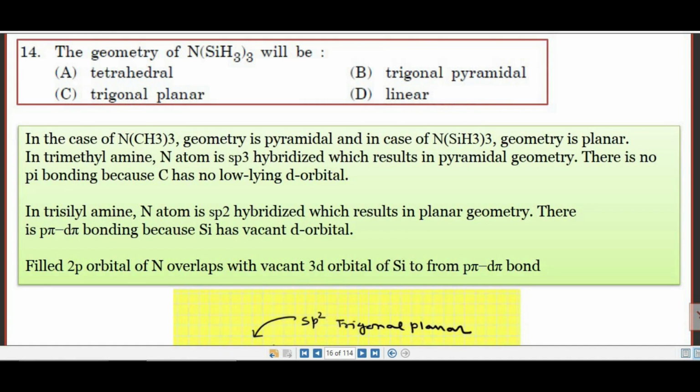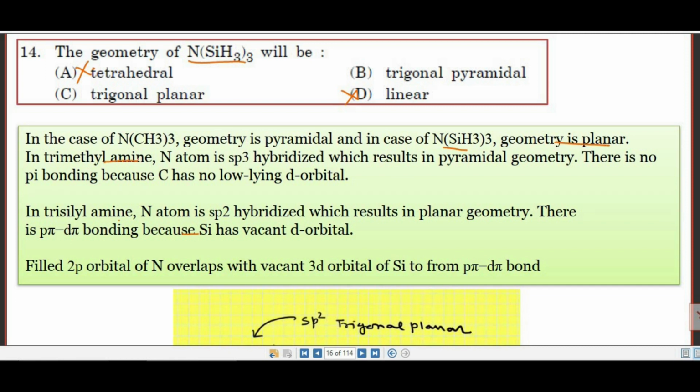Question number 14. The geometry of N(SiH3)3, trisilylamine, will be tetrahedral, trigonal pyramidal, trigonal planar, or linear. Here linear will not come, and tetrahedral also will not come, because tetrahedral shape is shown by ammonia. So here we will see, in the case of N(CH3)3 the geometry is pyramidal, in the case of N(SiH3)3 the geometry is planar.